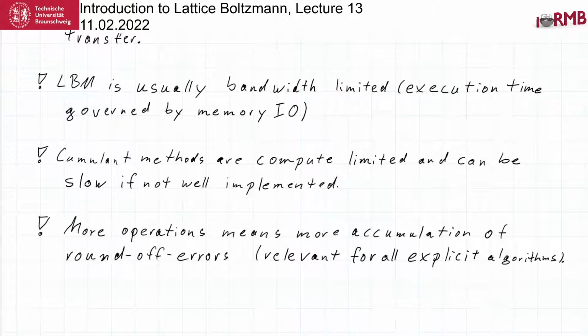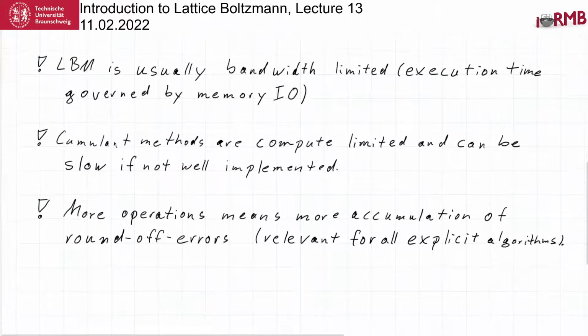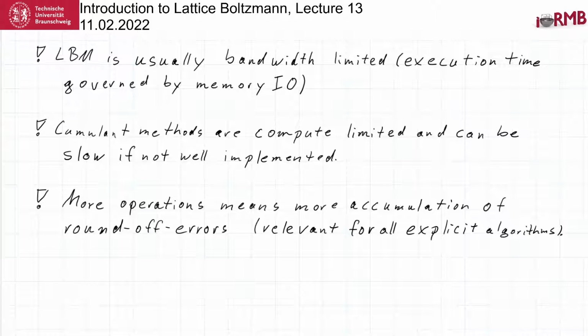This is the reason why iterative methods do not have the same problems with round-off errors that explicit methods have, but the Lattice Boltzmann method is a strictly explicit method, and therefore we have here this kind of problems that we want to understand. And now we start with understanding round-off errors.